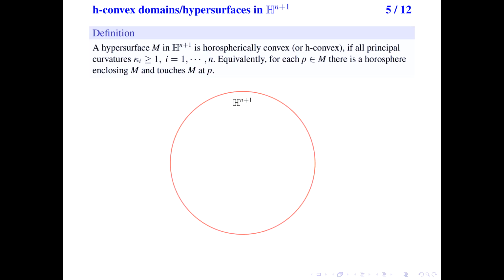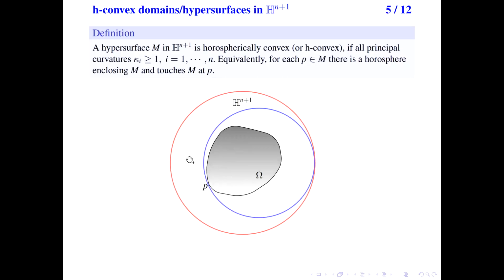Let's look at the picture. This is the Poincare model of the hyperbolic space, and there is a bounded domain omega whose boundary is a smooth hypersurface M. Then the domain is called h-convex if, equivalently, for any boundary point P, there is a horosphere enclosing the domain and touching at the boundary point.